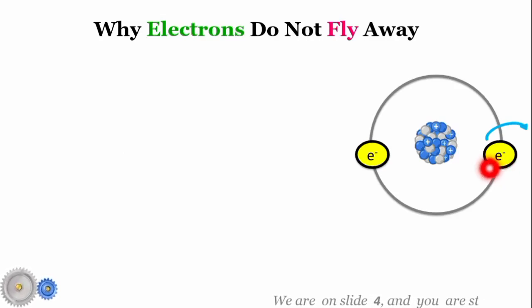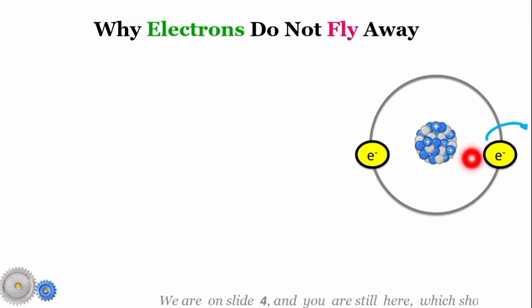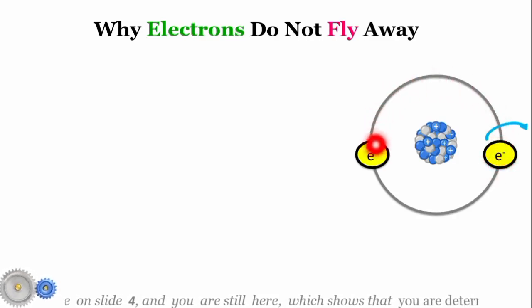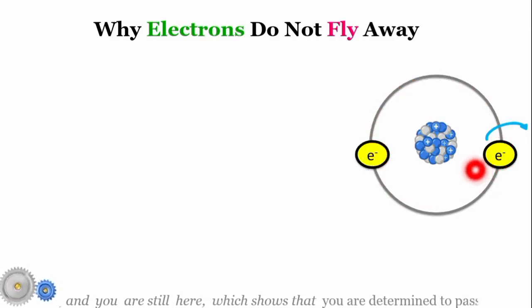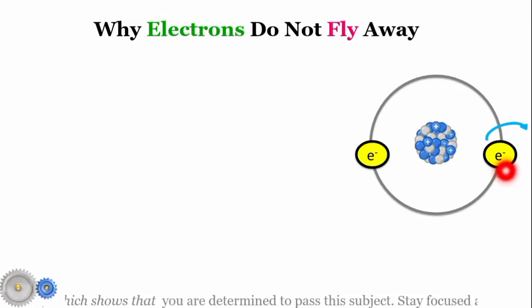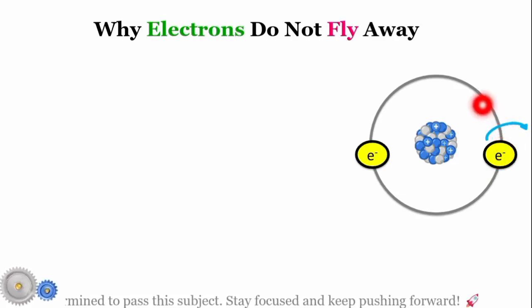So this electrostatic force of attraction keeps this electron orbiting around the nucleus, or the force of attraction helps this electron to continue moving in the shells or in the energy levels.